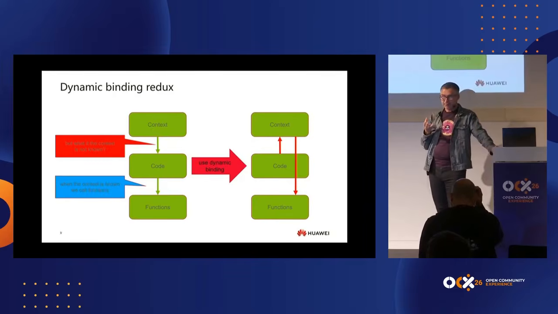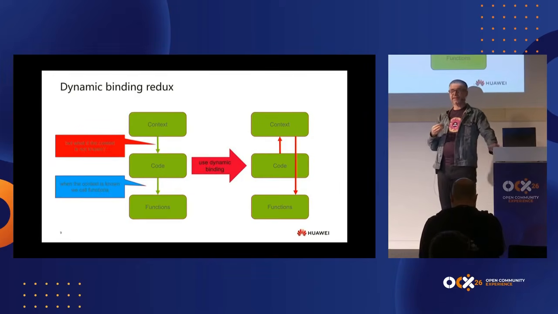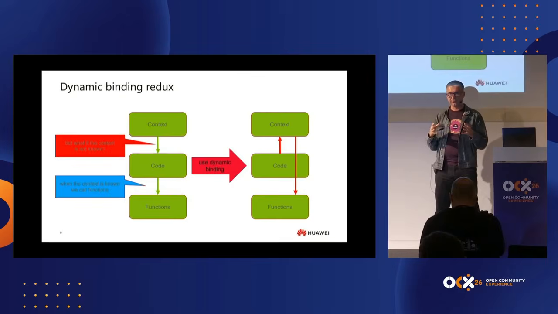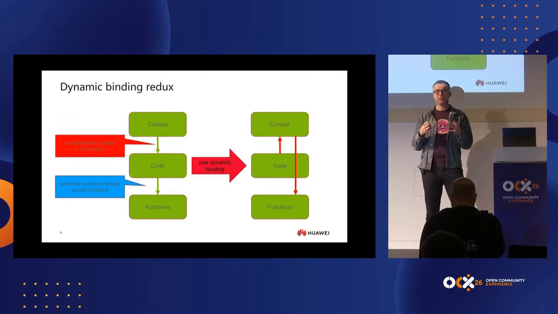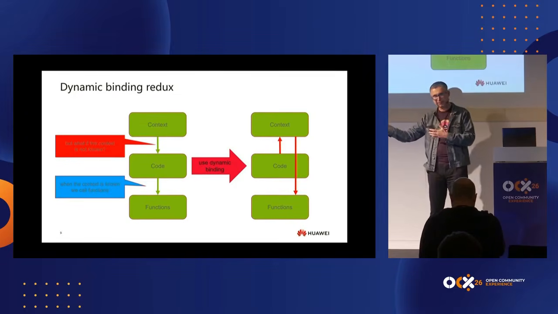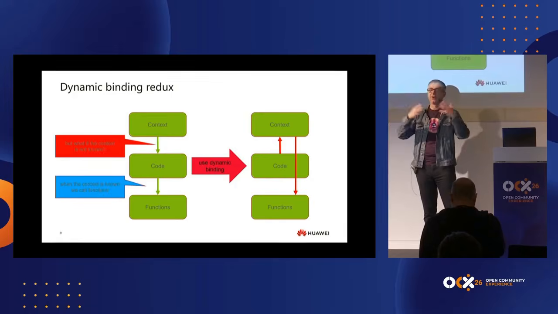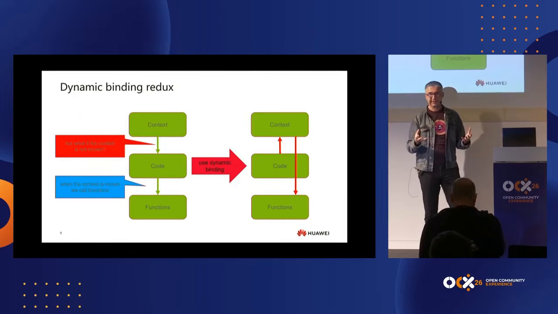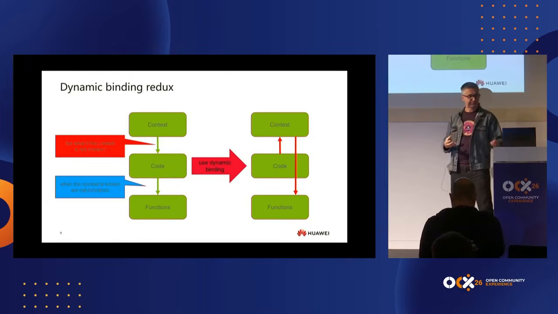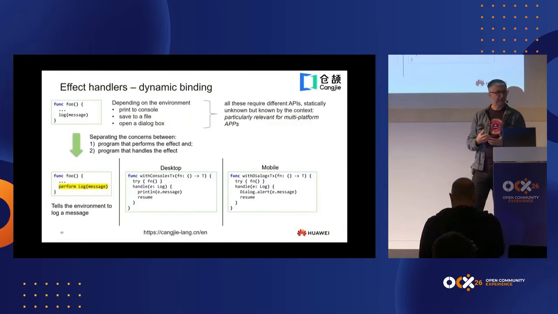And the dynamic binding libraries that you find for Java and so on tend to be quite big, quite monolithic, kind of over-engineered, because the language does not have native support. So they end up using a bunch of metaprogramming and reflection to get around the fact that the native support does not exist. But with effect handlers, you have this ability.